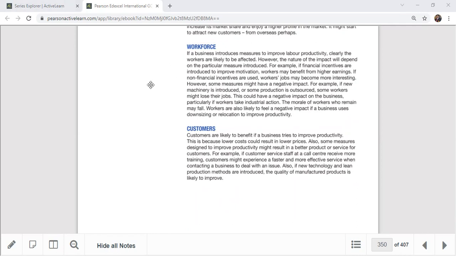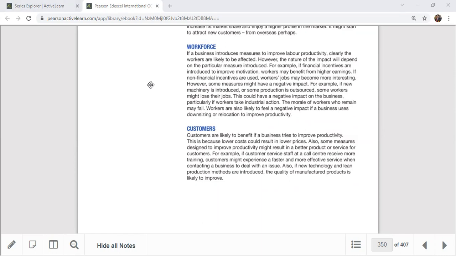If a business introduces measures to improve labor productivity, clearly the workers are likely to be affected. However, the nature of the impact will depend on the particular measure introduced. For example, if financial incentives are introduced to improve motivation, workers may benefit from higher earnings. If non-financial incentives are used, workers' jobs may become more interesting. However, some measures might have a negative impact.